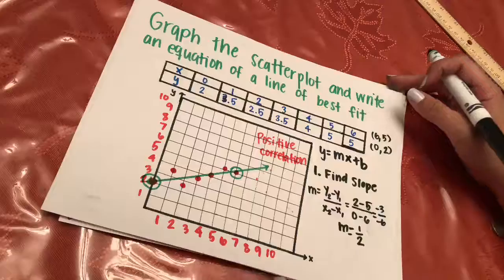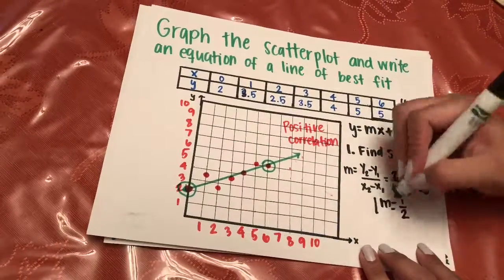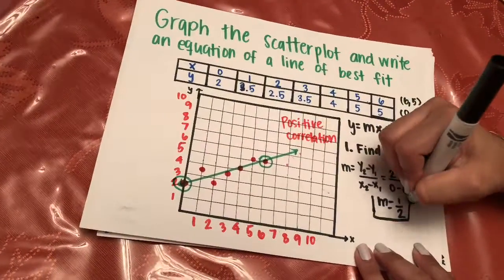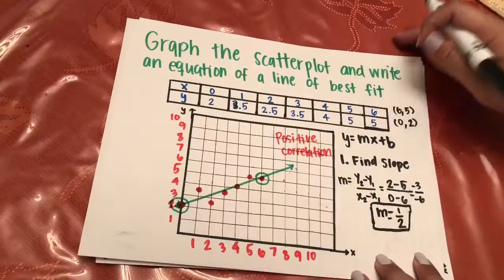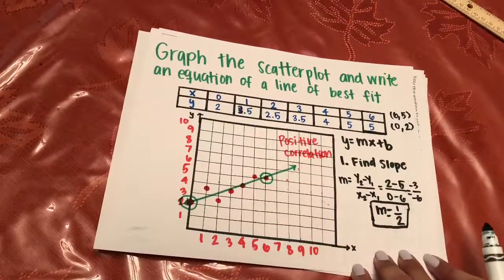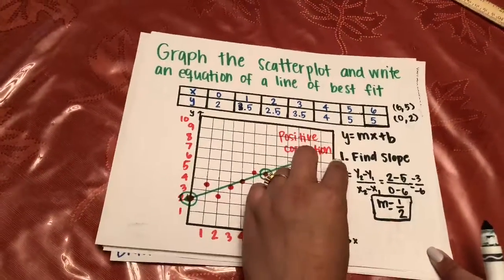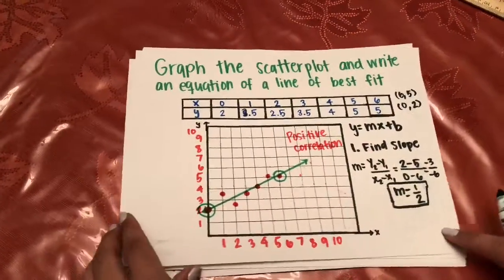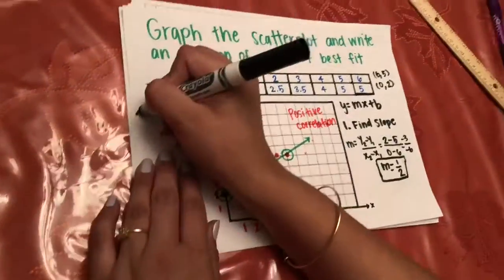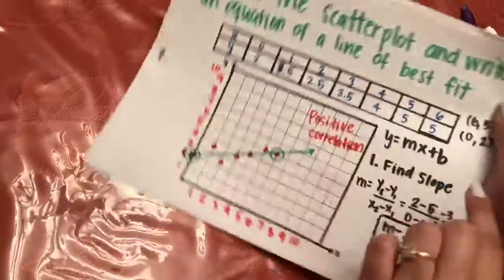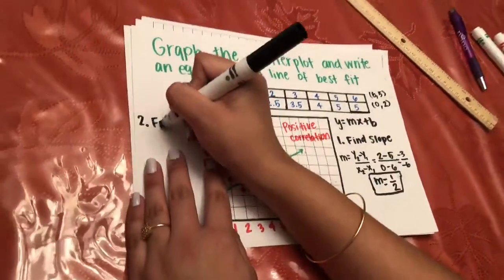So my slope is 1/2. So I am almost there. Well, kind of almost there to my equation. So first step, find slope. Second step, I'm going to write it over here, is find my y-intercept, which is my b, right? So find b.